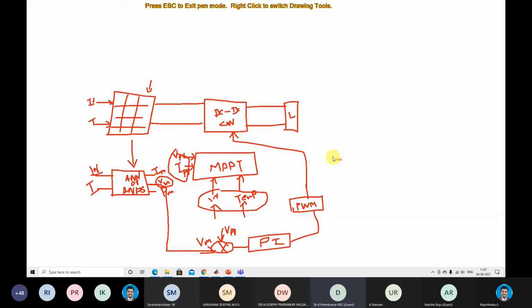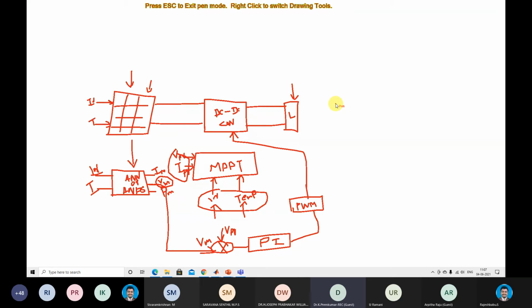So when we have to design this model, first we need to fix the panel rating, right? That is the maximum power rating of the panel, the voltage rating, and the current rating. Also you have to fix the load power rating and voltage rating requirement.